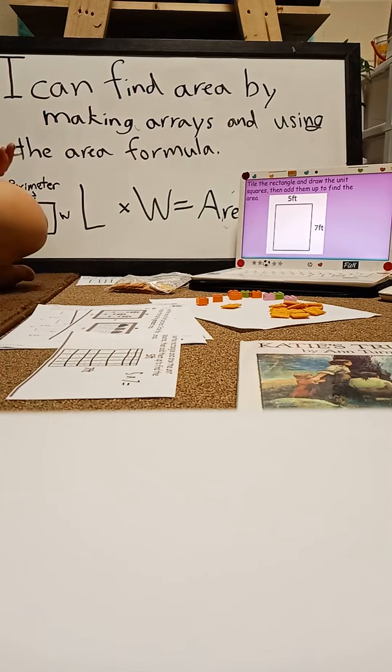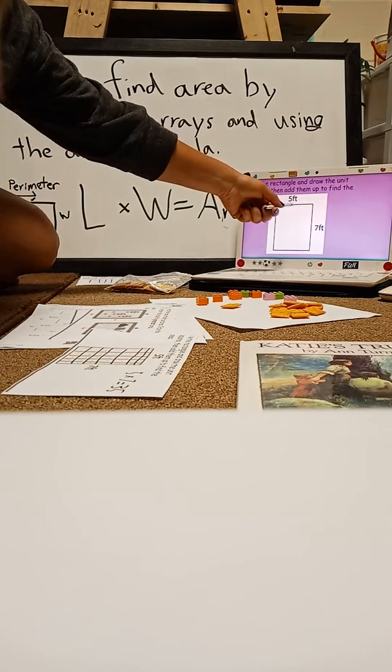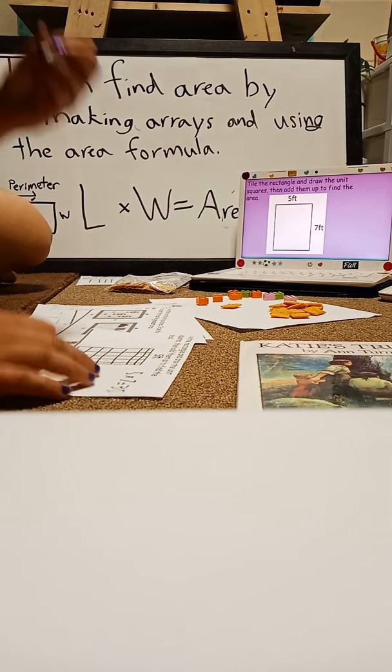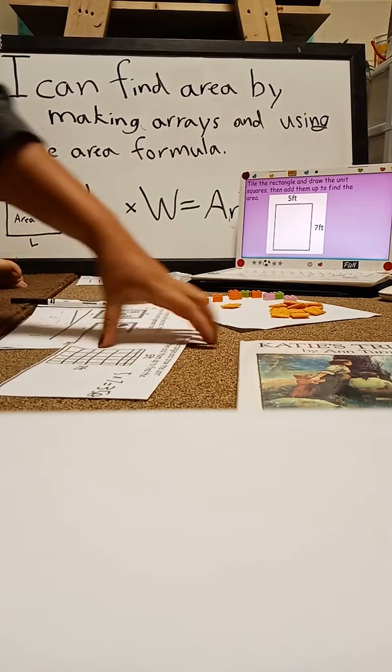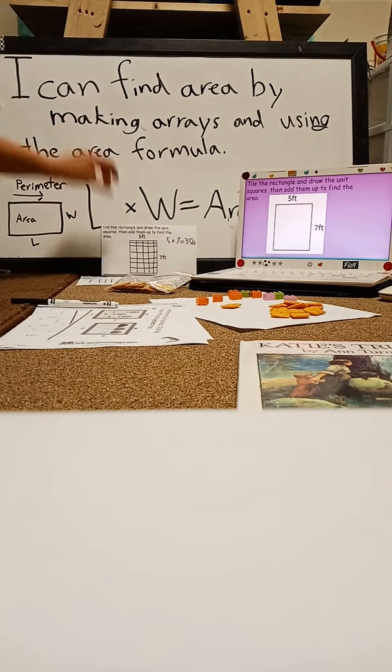And what does 5 times 7 equal? I know you guys know this one. Right, it's 35. And this one is feet. So what would our final answer be? That's exactly right. 35 feet. Oops, I kicked my thing. So we have 5 times 7 equals 35 feet.